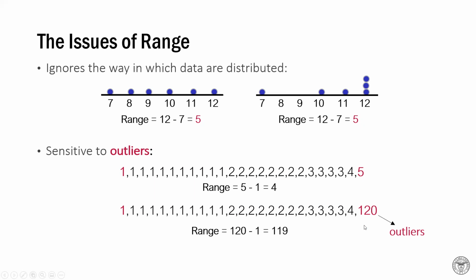As a result, the range of the first data set is only 4, equal to 5 minus 1, but the second one is 119, equal to 120 minus 1, although almost all the other data are identical. Therefore, if there are extreme values like that in the second data set, we should be cautious of using range as the measure of variation.